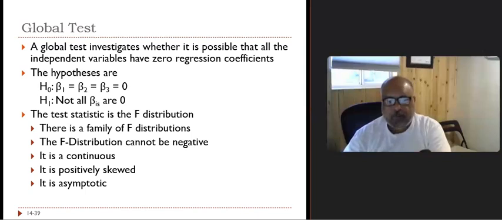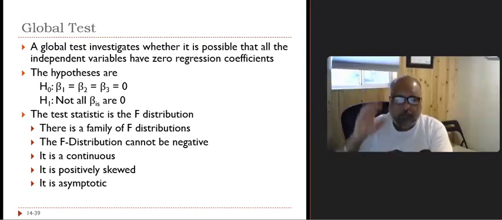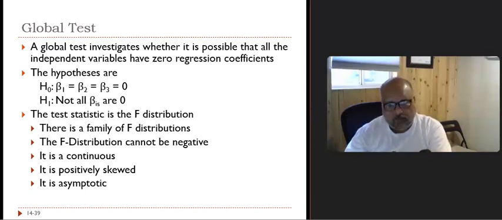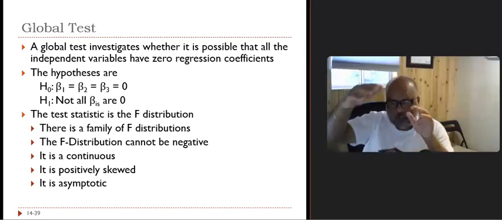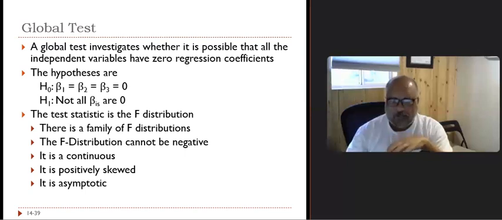Asymptotic means that the distribution curve approaches the horizontal axis but never touches it. It keeps going all the way to plus infinity.